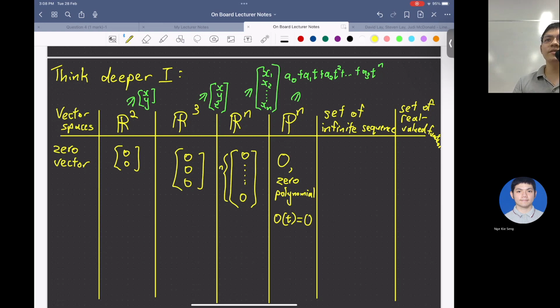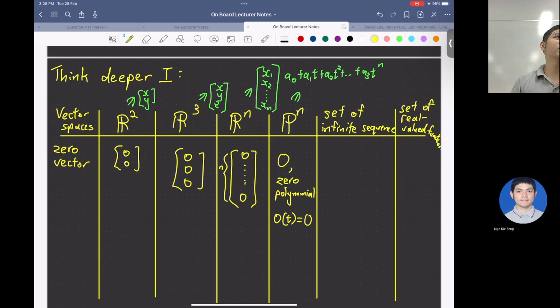What do you mean? No. The 0 vector is unique.